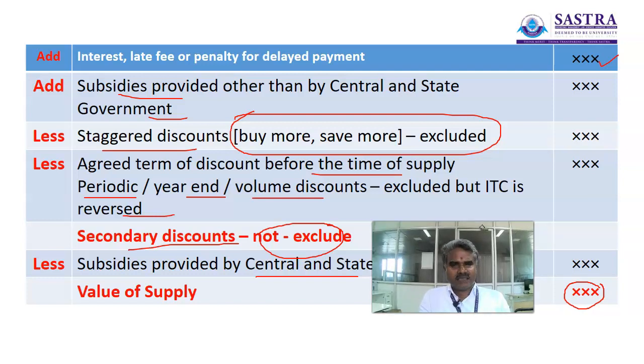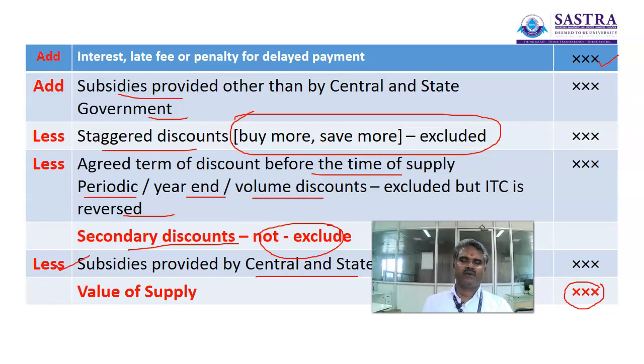Subsidies provided other than by the central and state government: suppose you receive subsidy from associations, private organizations, you have to add. But when you receive subsidy from the central or state government, it should be deducted. See, in the last one.